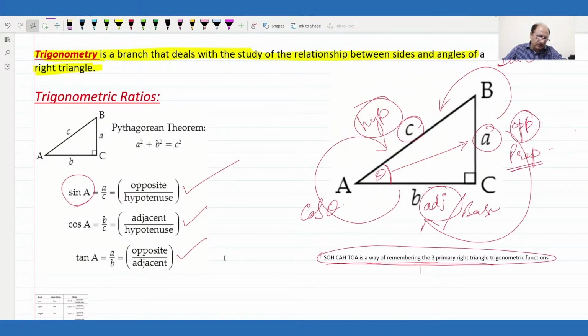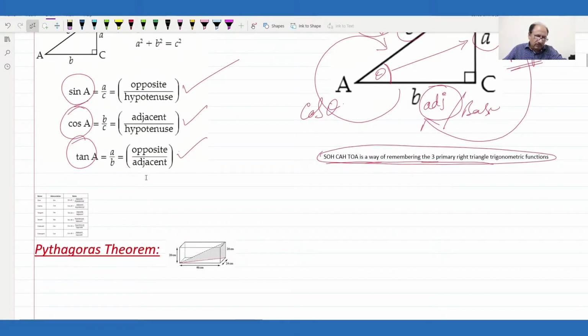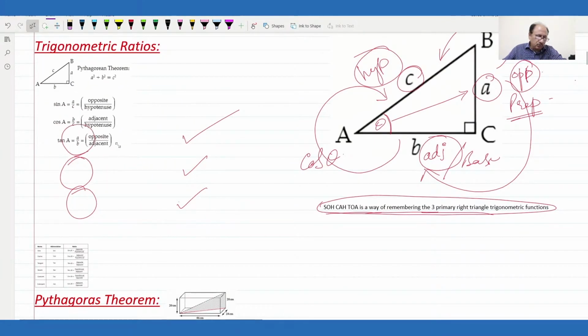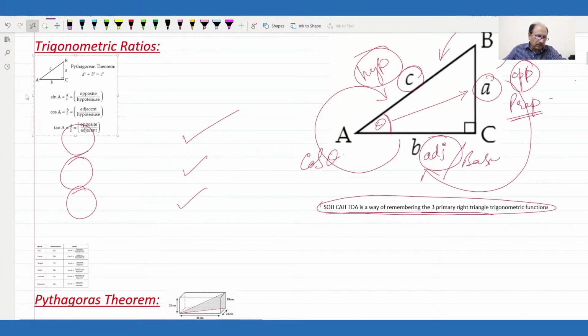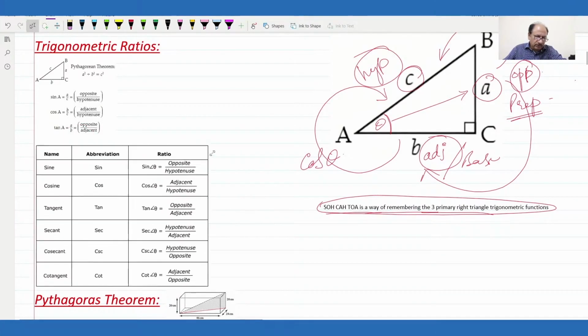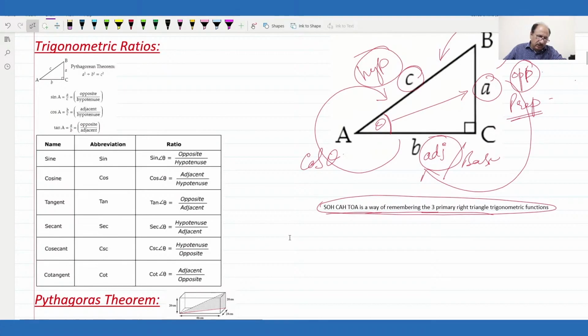So these are the basic triangle ratios which will be involved in your syllabus. There are other trigonometric ratios also which we can figure out, besides sine, cos, tan which we have discussed already.